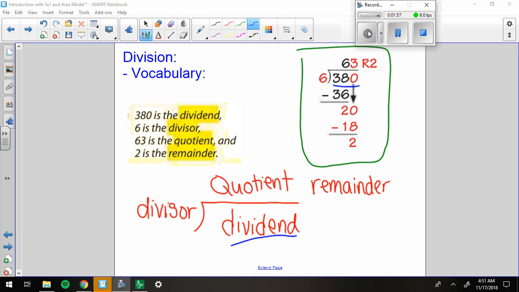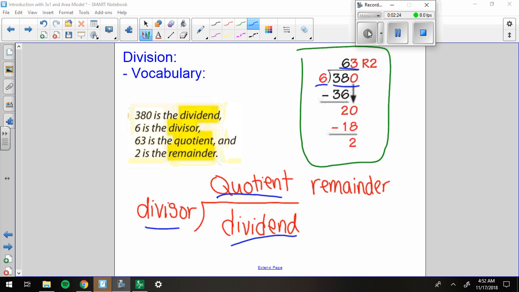That's the number that's inside or under our division bracket. The number outside, in this case 6, is called our divisor. That's the number we're dividing by. We're dividing our dividend by our divisor. 380 divided by 6. The answer, which goes above our division bracket, is 63, and that's called the quotient.